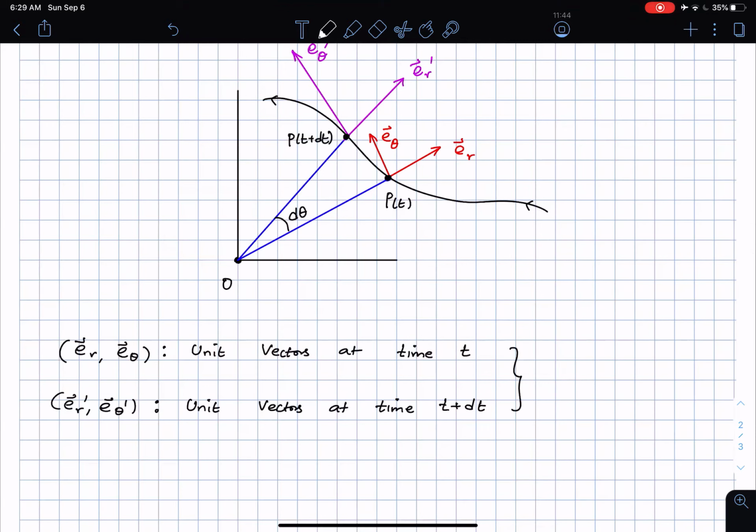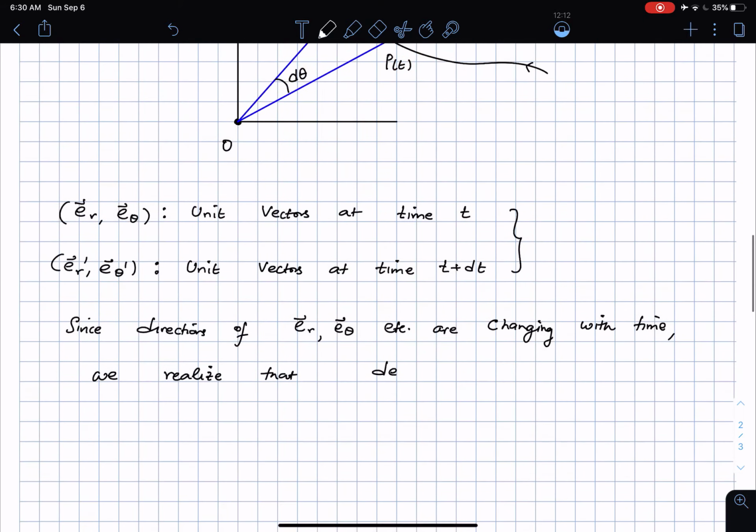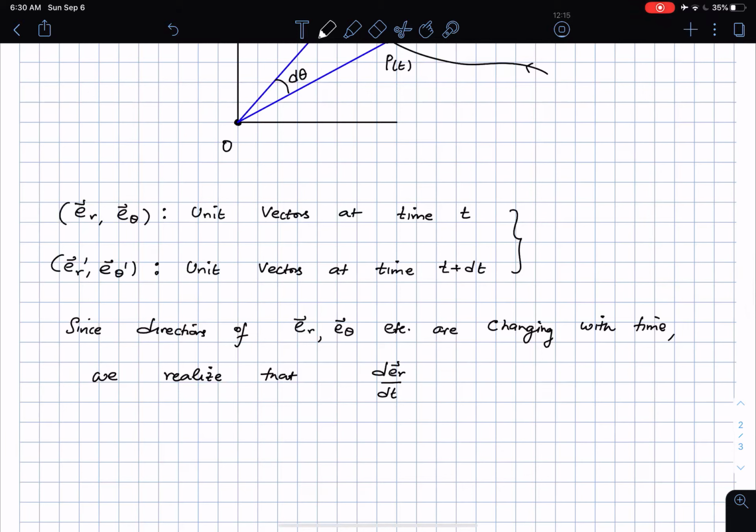Since the directions of E_r, E theta, etc. are changing with time, we realize that dE_r by dt is not zero and dE theta by dt is also not zero.